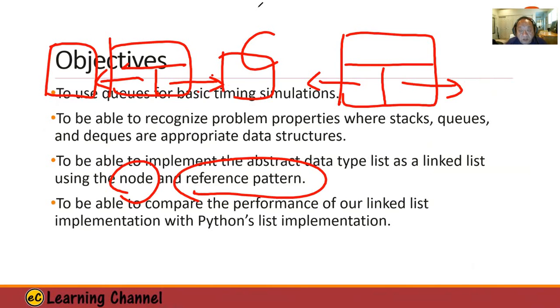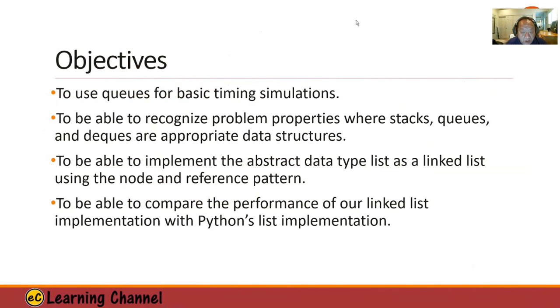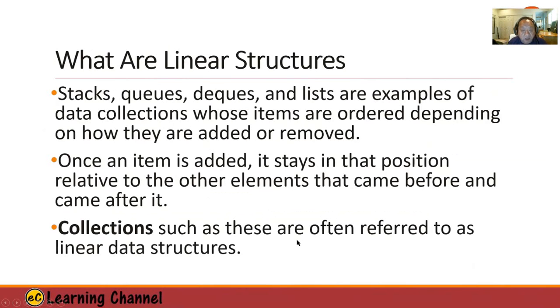That's something you need to know right now in C, C++, and also in Python. And then to be able to compare the performance of our linked list implementation with Python's list. Two are different: one is using your own linked list, one is using Python's list.